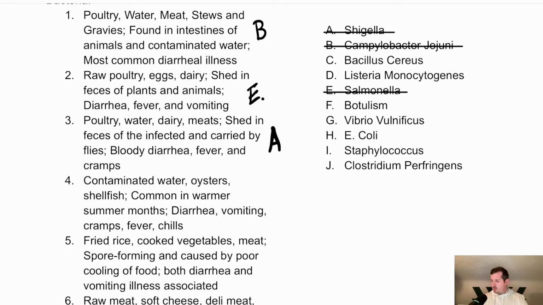Okay. All right, let's do number 4. Contaminated water, oysters, shellfish, common in warmer summer months, diarrhea, vomiting, cramps, fever, and chills. Which one did we say fit well with oysters, folks? Which one was really associated with our oysters that we saw there?